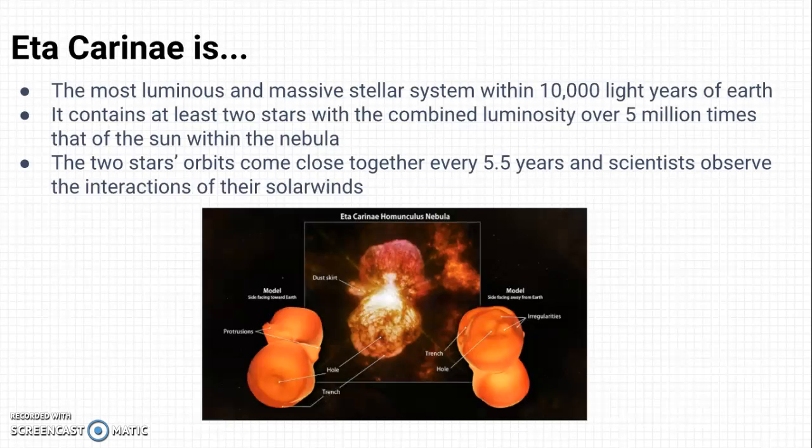At this point, when the 2 stars are close to each other, called periastron, scientists stop and observe the interactions of their solar winds. You can see that there are different protrusions and dust skirts that happen when these 2 stars are in periastron. This homunculus nebula has the form of 2 stars sort of in an hourglass figure, and that's how it gets its name, a homunculus nebula.